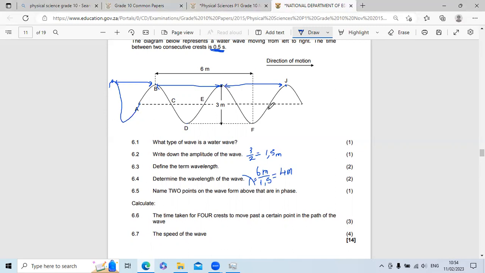If you look at it, there's 0.5 seconds between each crest. So when this one passes by a point, 0.5 seconds later the second one will pass, 0.5 seconds later the third one will pass, and 0.5 seconds later the fourth one will pass. Right?